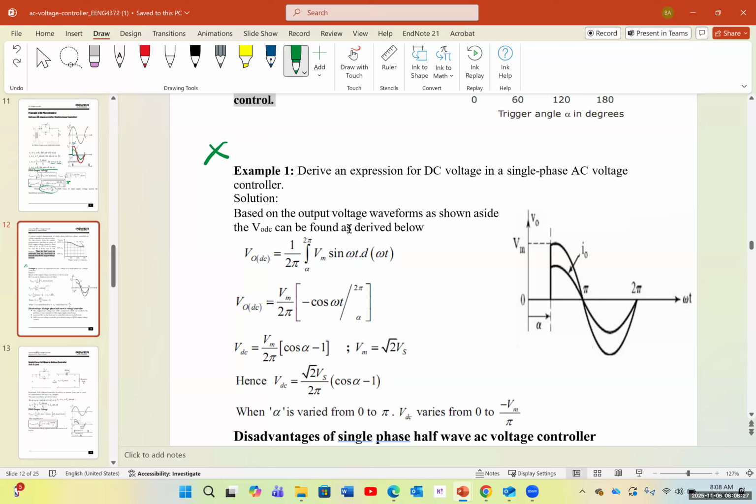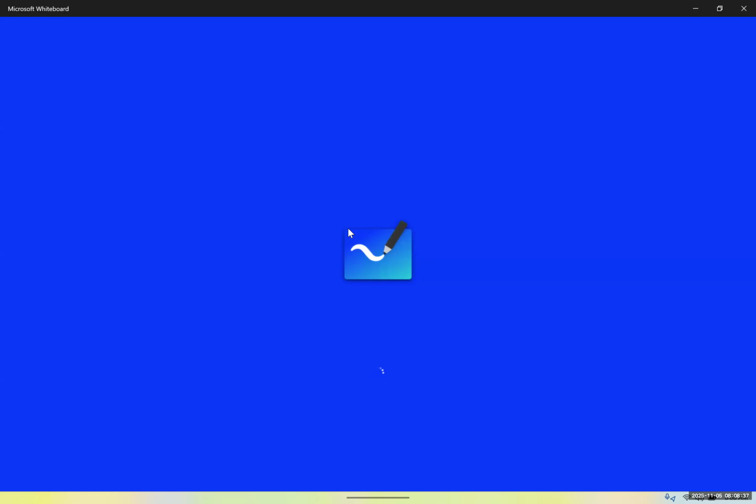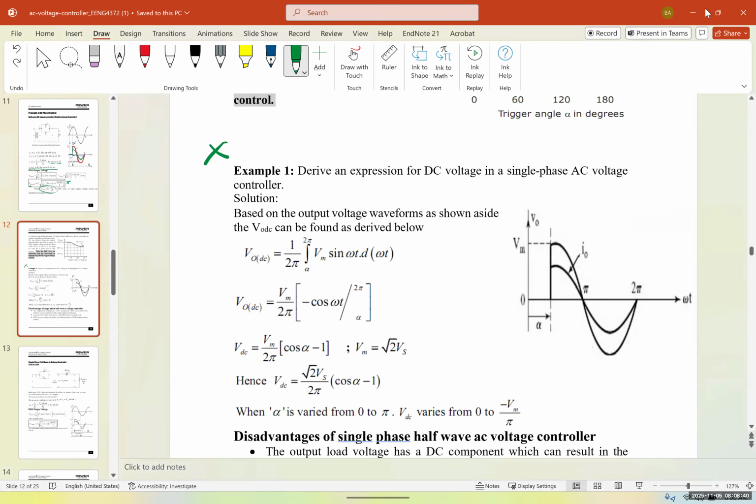The VoDC can be found as derived below. Now, how can we find the DC voltage? We need to derive the area to be able to find the DC voltage that we have here.